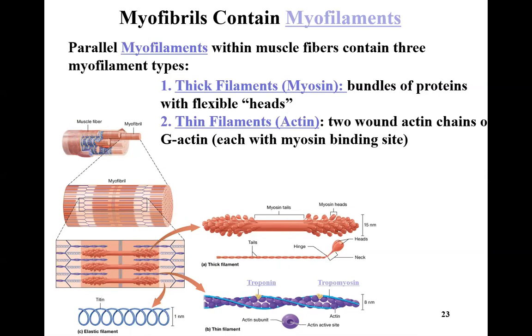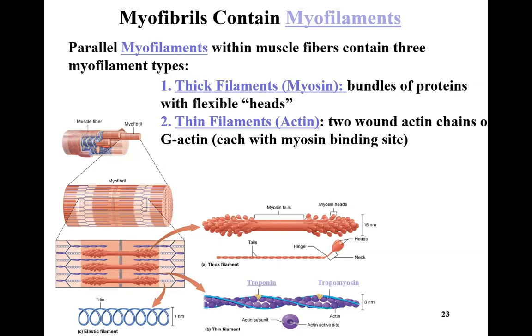Thin filaments don't have huge bundles of protein chains. Instead, they just have two, and a little spiral of actin down here. Each of these little balls on actin has what is called an actin active site or a binding site.